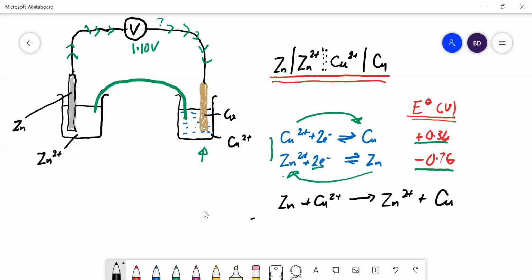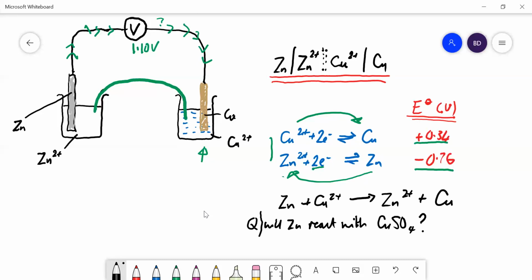If somebody asks you the question, will zinc react with copper sulfate? You know it will anyway, but yes, it will, because the electrode potentials show us the direction in which the electrons are going to flow, from the negative half cell to the positive half cell, and from that we can work out what the reaction is going to be.